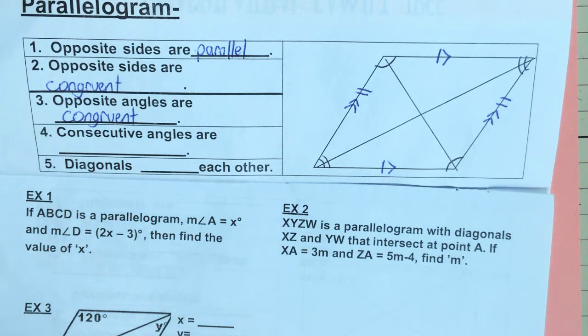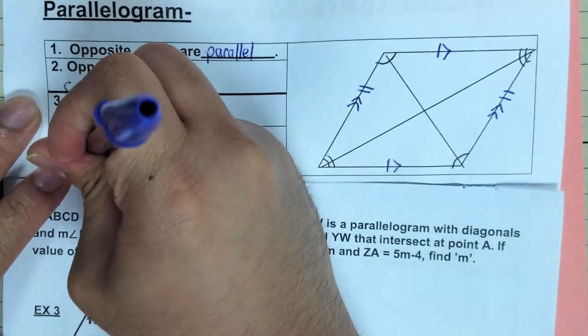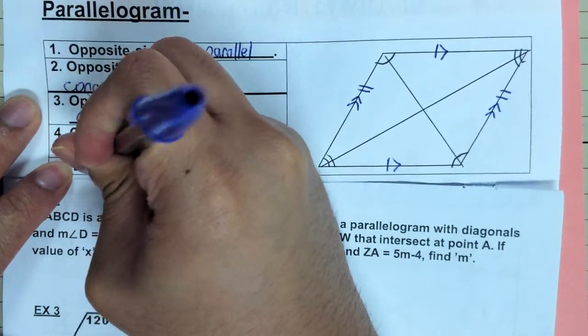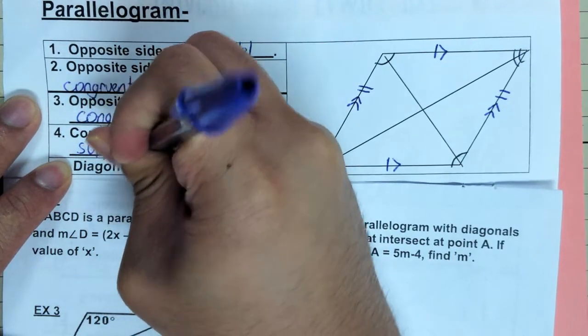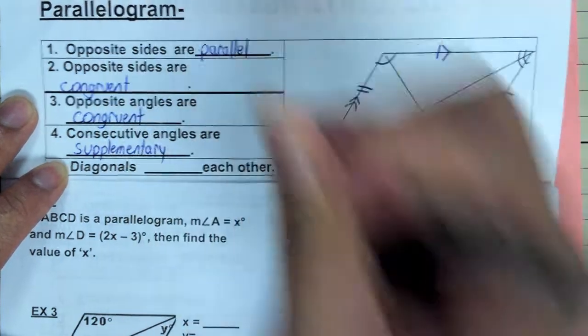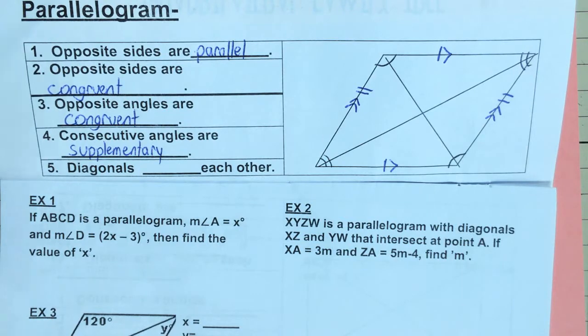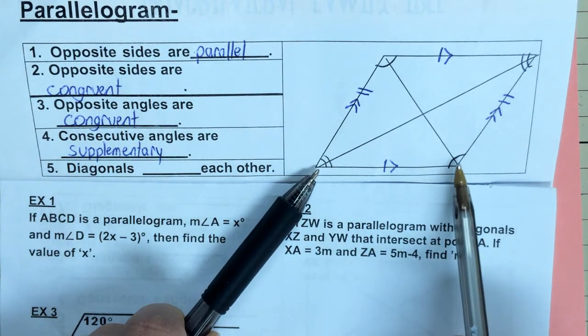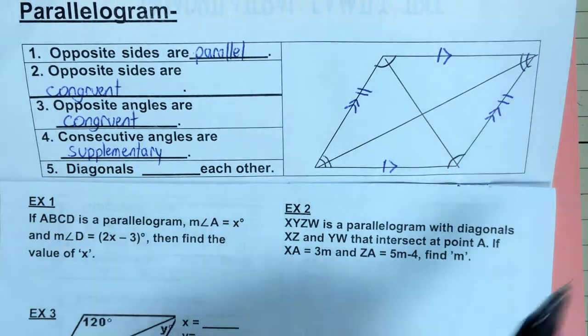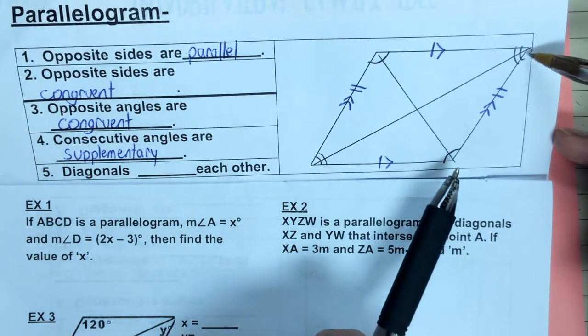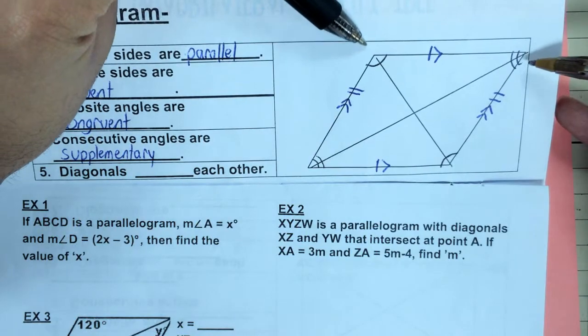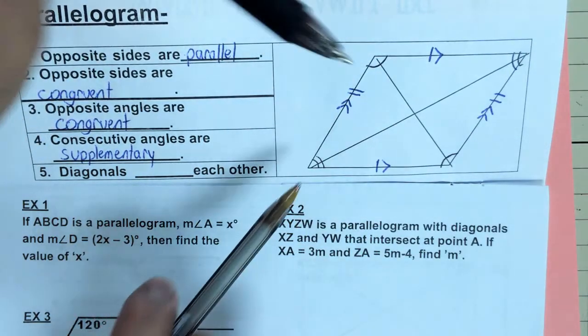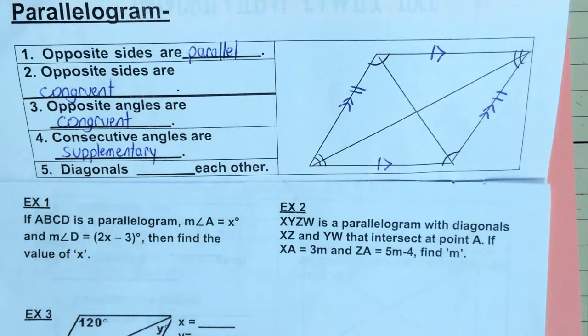Next up, consecutive angles are supplementary. Consecutive meaning if I pick this angle, the angle right after it, these two are supplementary. These two are supplementary, these two are supplementary, and these two are supplementary.